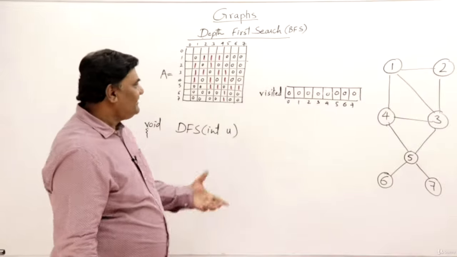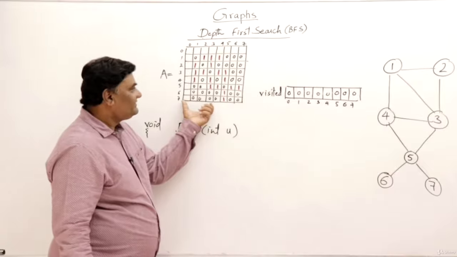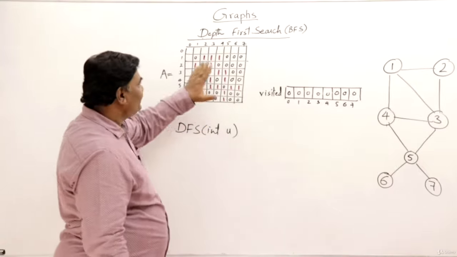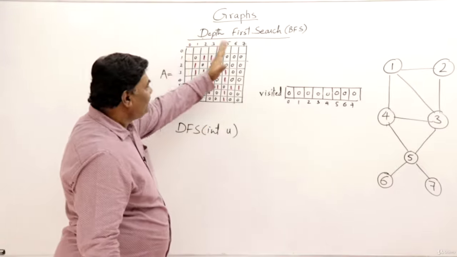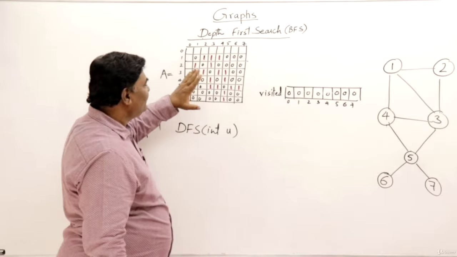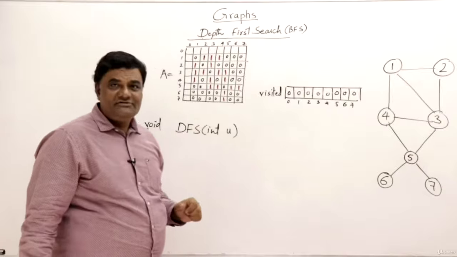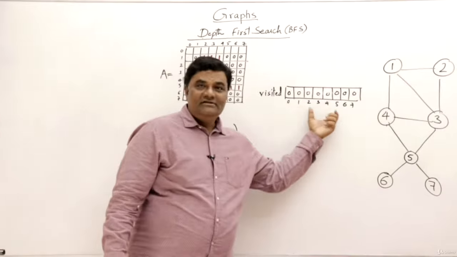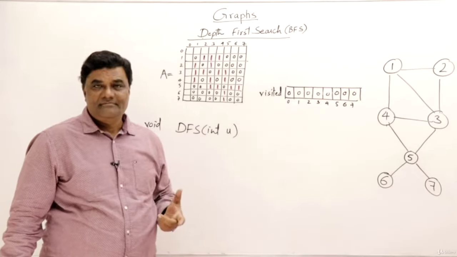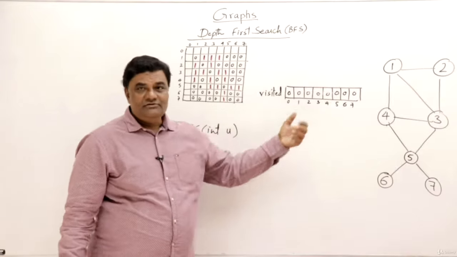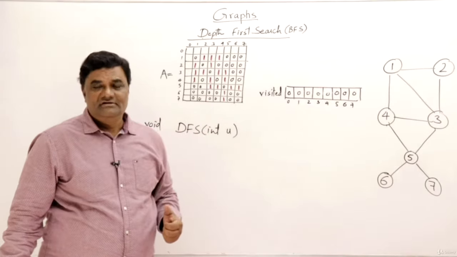This graph is represented as an adjacency matrix. There are 7 vertices, so I have taken 8 indices, so an 8 by 8 2-dimensional array. But the 0th row and 0th column I am not using. And then this is a visited array. All are zeros, meaning no vertex is visited.